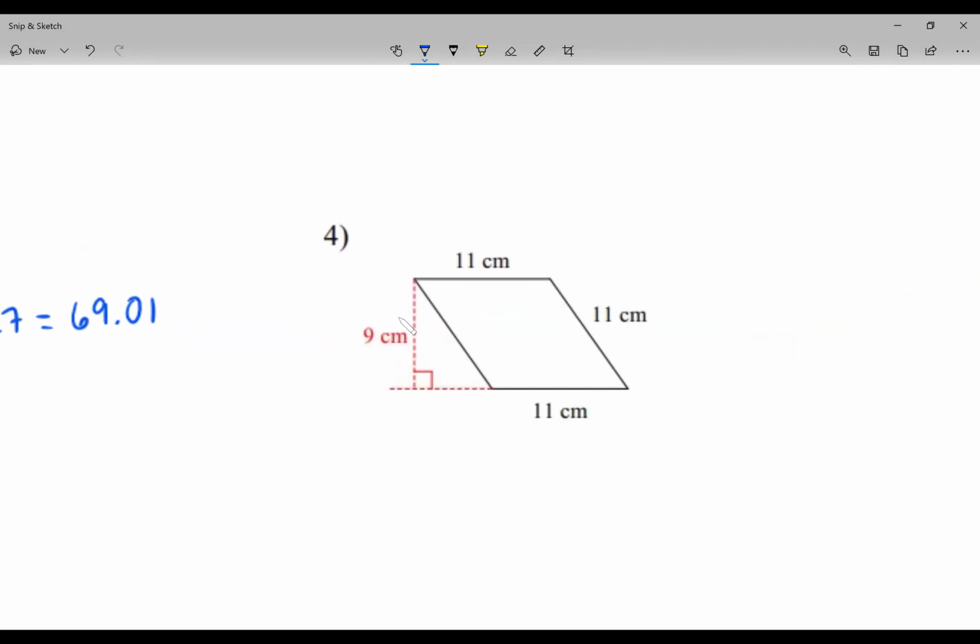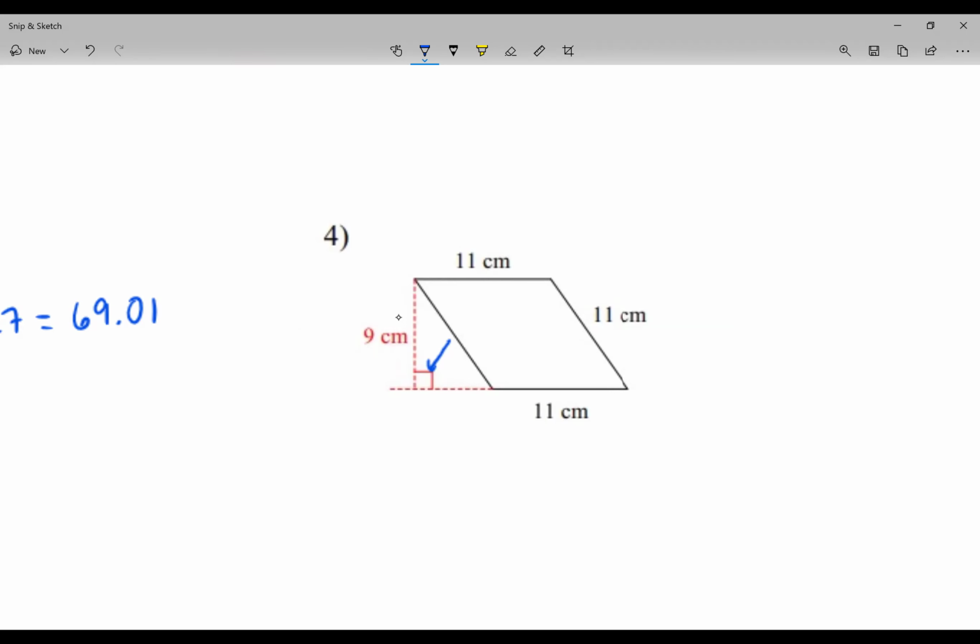Now let's take a look at number 4. Look for your 90-degree angle. I see these dotted lines because the 90-degree angle is made outside of my parallelogram. That's why my book uses these little dots, just so I know that the 90-degree angle is outside of my figure.